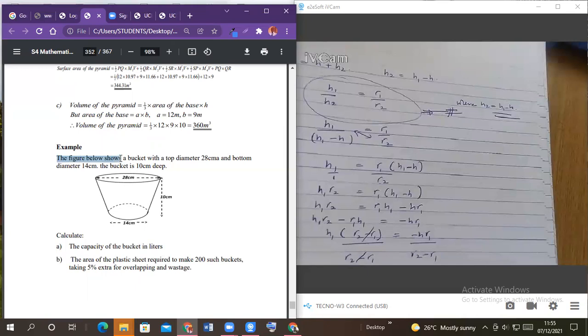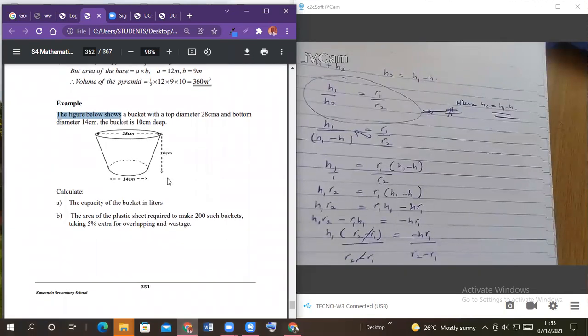So they are saying the figure below shows a bucket with a top diameter 28 centimeters, bottom 14 centimeters. The bucket is 10 centimeters deep.